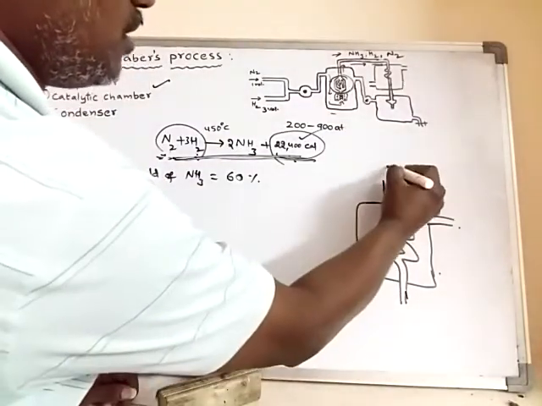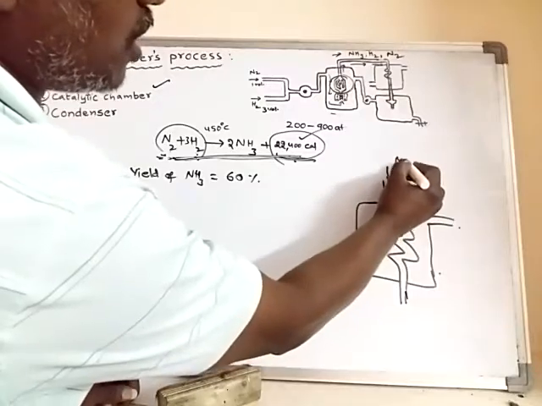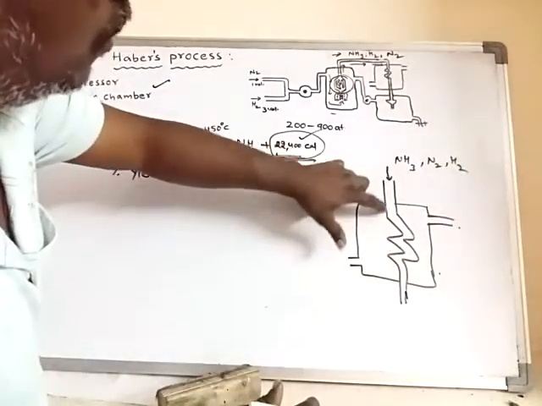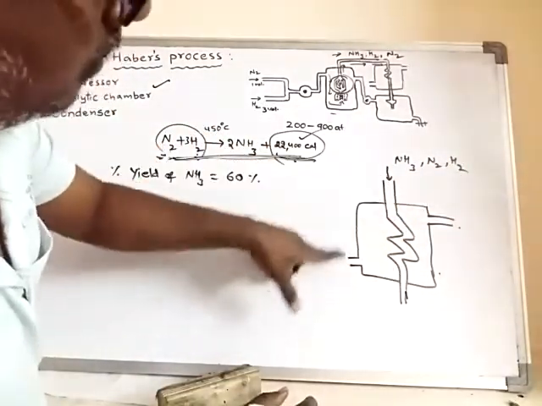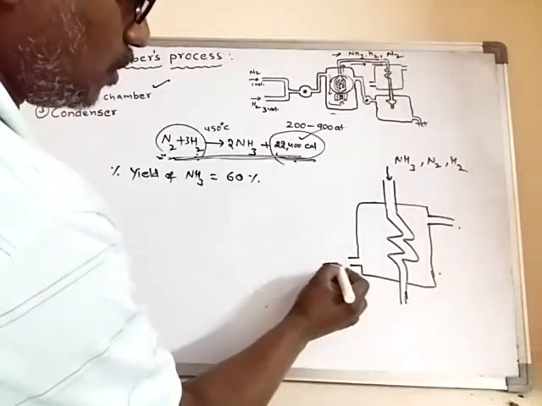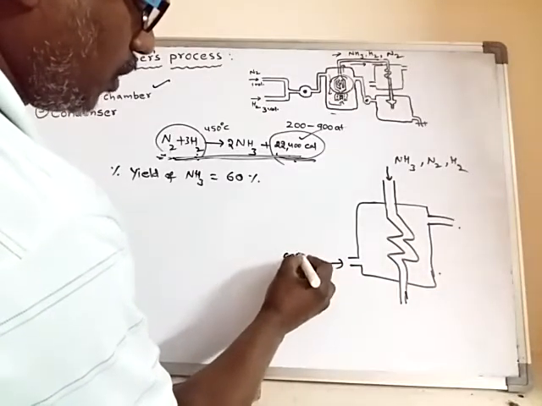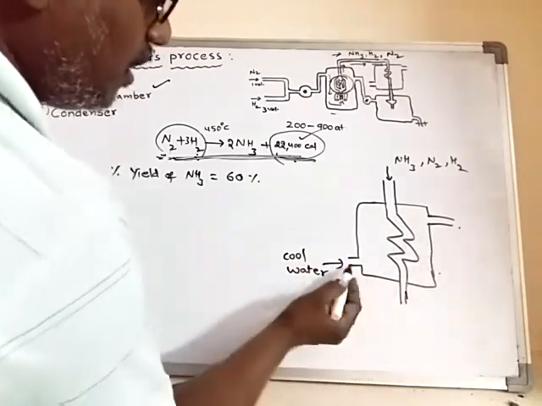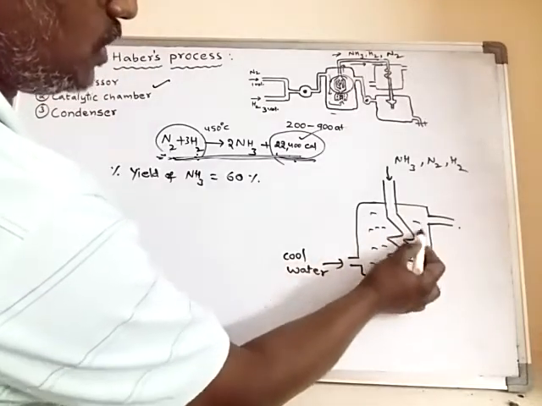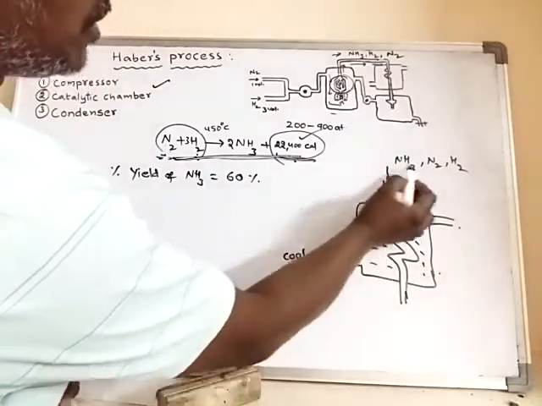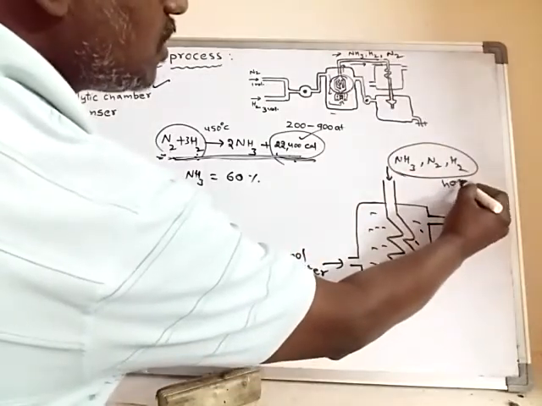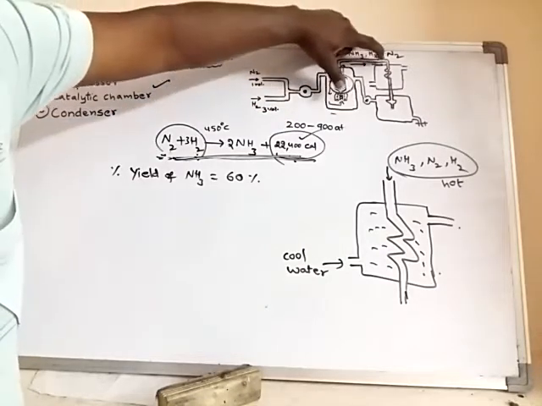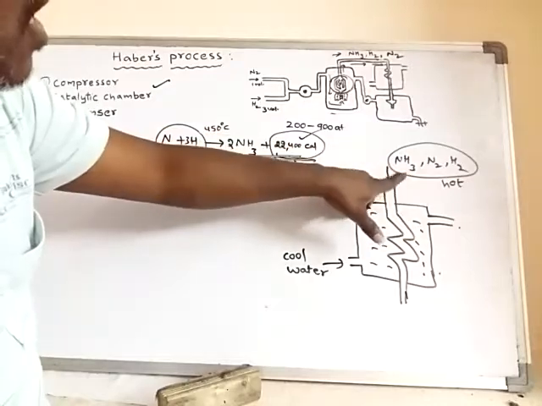From this pipe, the mixture of ammonia, nitrogen and hydrogen is entering into the condenser. In this condenser, very cool water will enter, surrounding these gases. These are hot gases, because this gas mixture is coming from the hot area. So these gases are hotter.